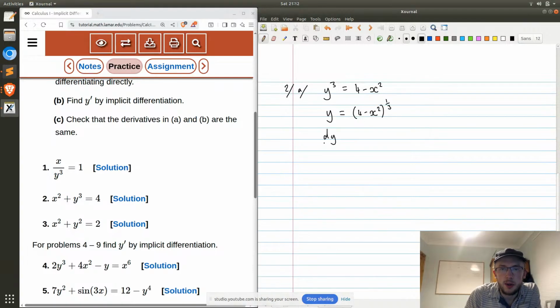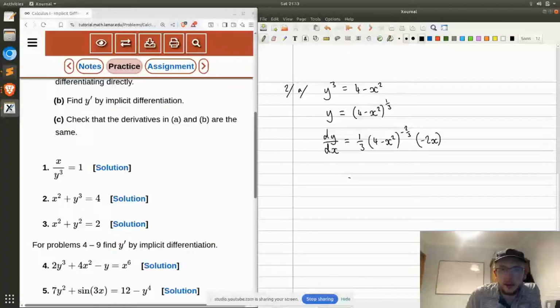And then finding dy by dx. To do that, we would do the chain rule. So this is a third of 4 minus x squared to the negative 2/3 multiplied by the derivative of the function on the inside, which is negative 2x.